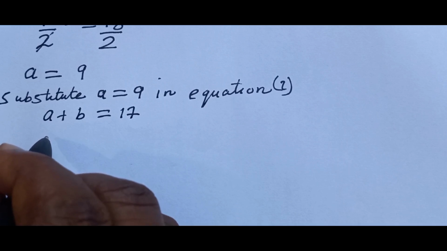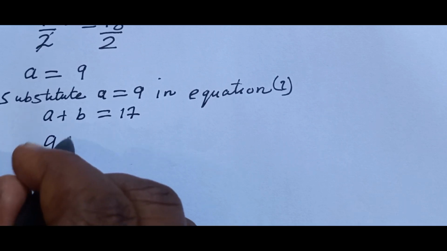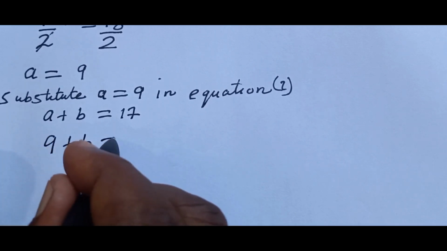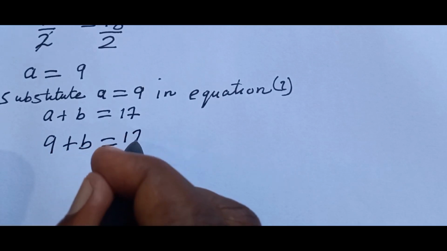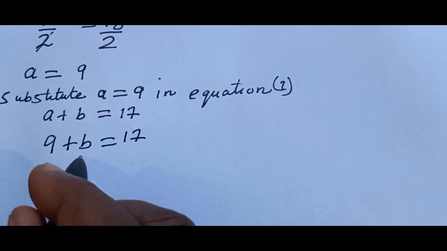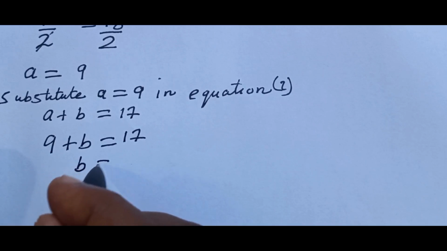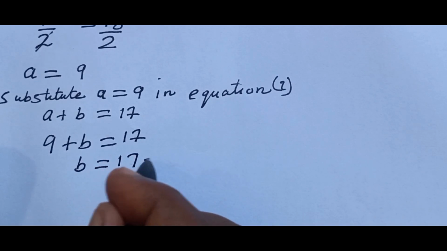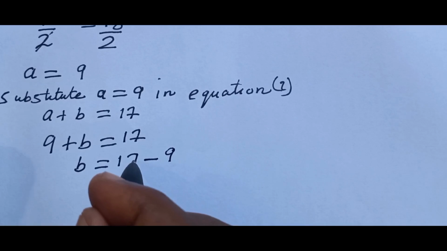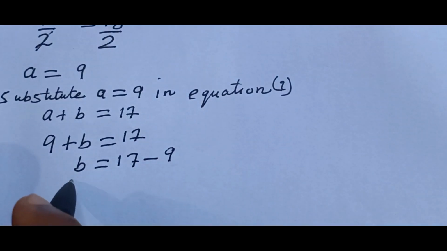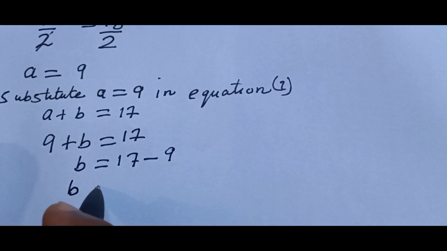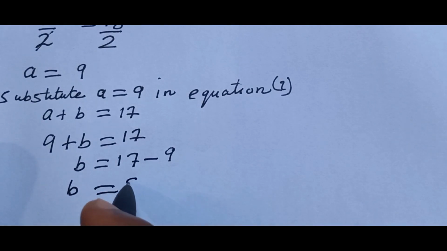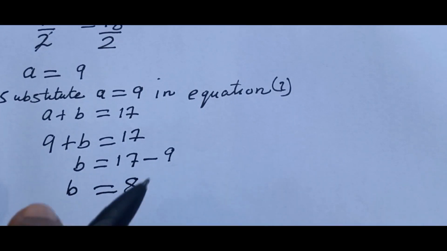So we have 9 plus B equals 17. So shift 9 to the right hand side, we have 17 take away 9. So we get B equals 8.